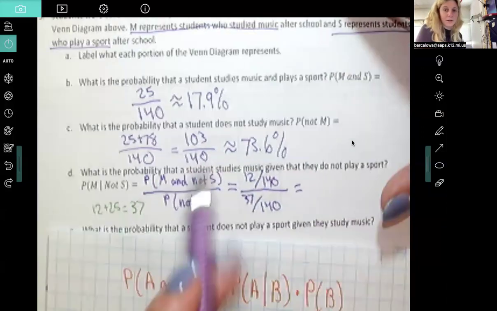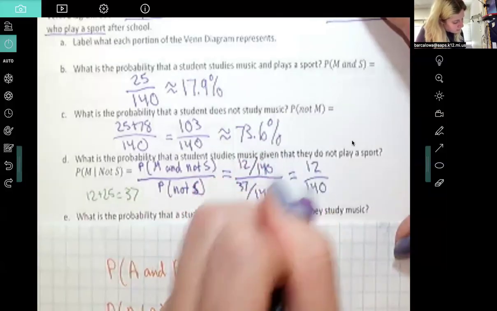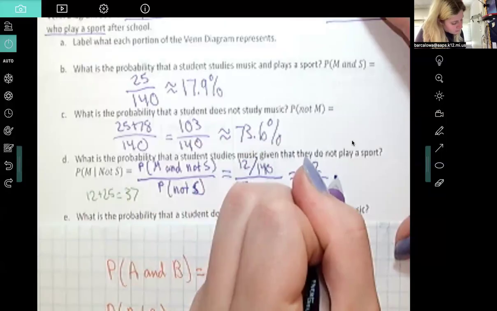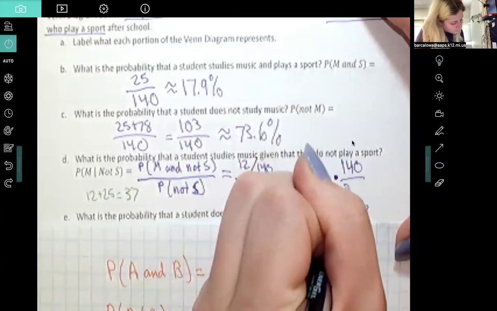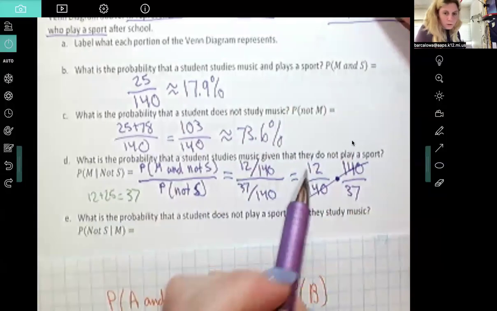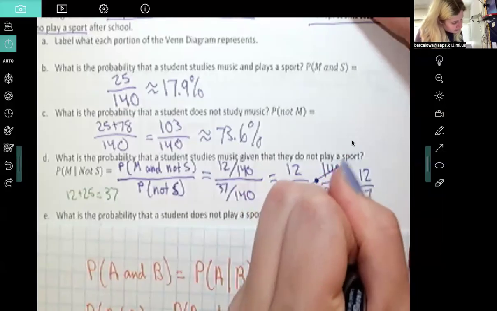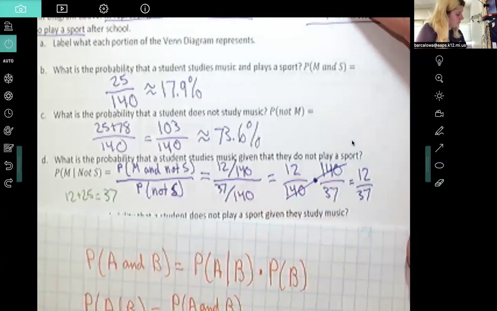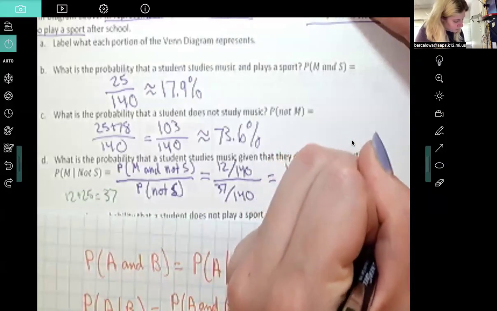Okay, we have a fraction and a fraction, so we are going to keep change flip. 12 out of 140, keep the first fraction the same, change to multiplication, flip the second one over. 140 on top and bottom. So 12 out of 37. About 32.4%.